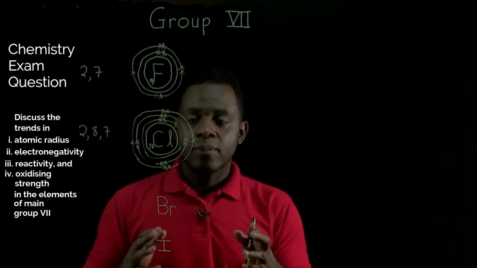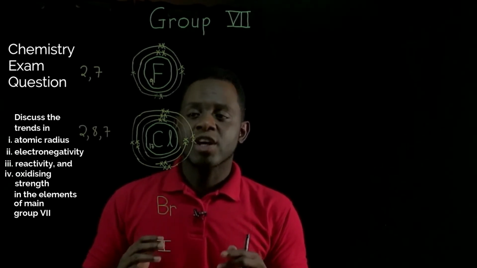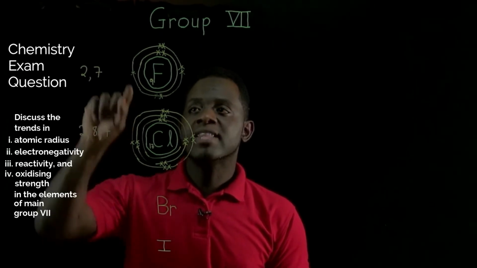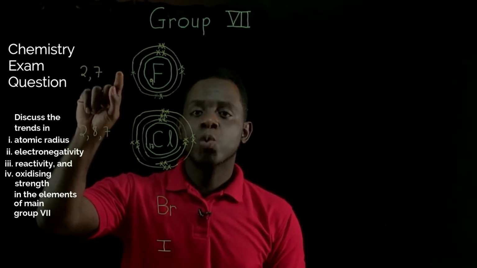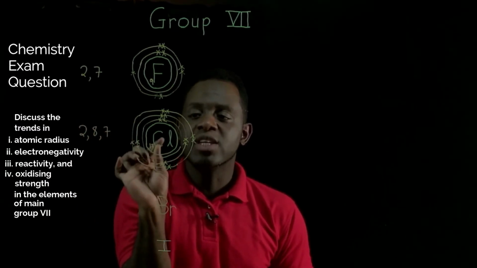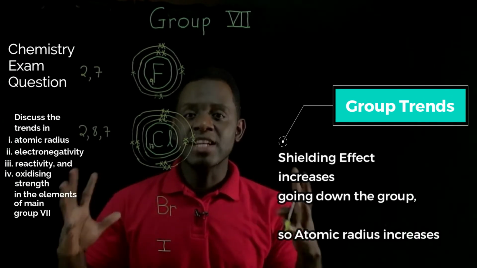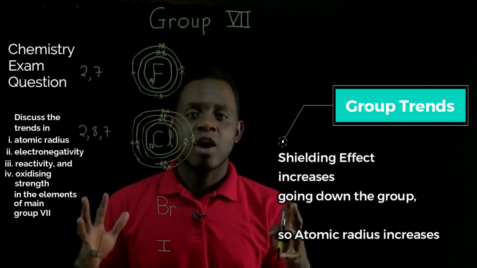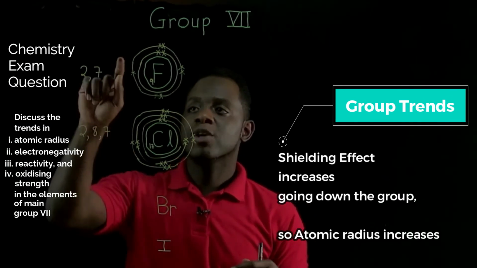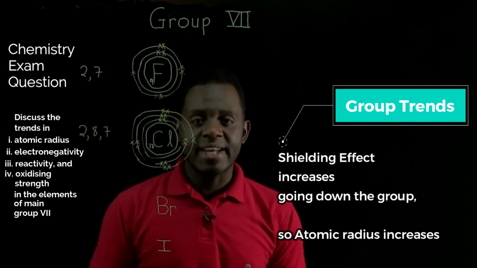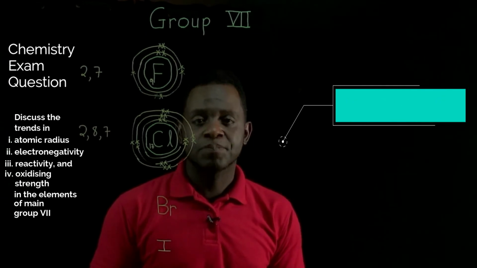As a result, we have greater shielding effects in chlorine than in fluorine. So with this weakened attraction between the nucleus and the valence electrons, we have an increase in atomic radius. Atomic radius increases going down the group because of the increase in shielding effect.